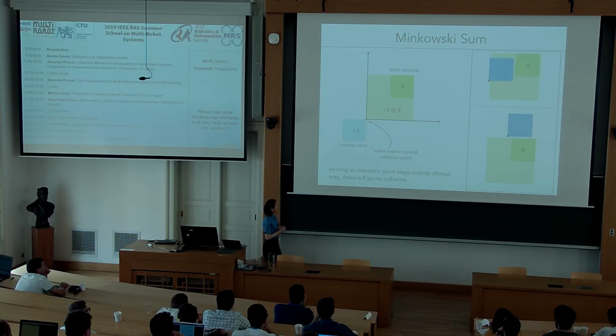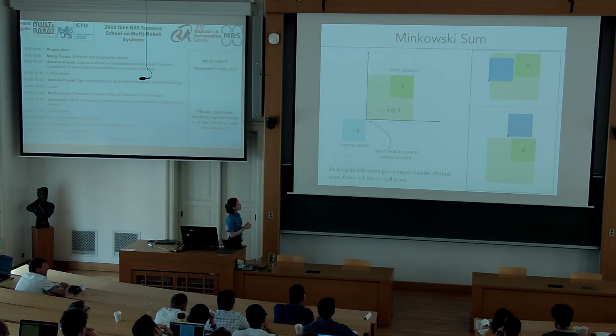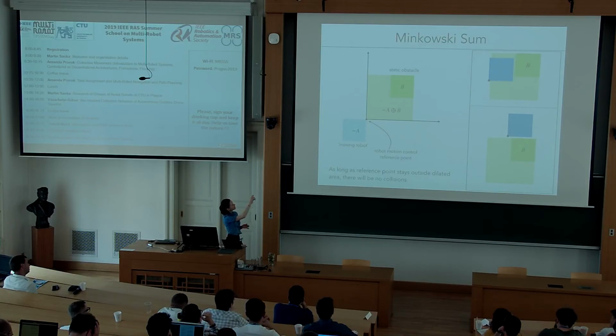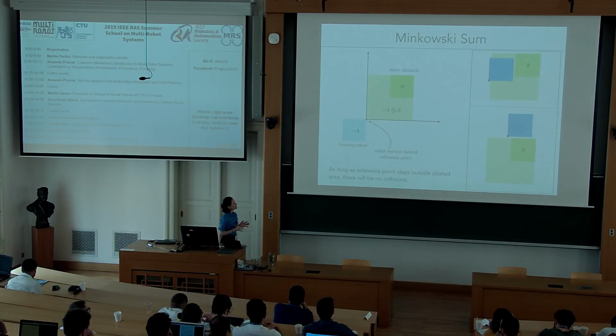Say we have a static obstacle, this dark green area B, and a moving robot represented by the area minus A. If my robot is controlled through the control point, the vertex at the origin, then all I need to guarantee is that my control point is outside of the Minkowski sum of minus A plus B.